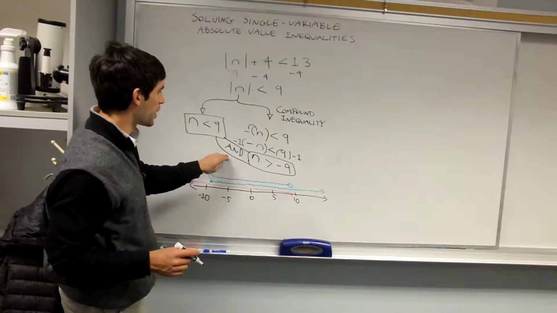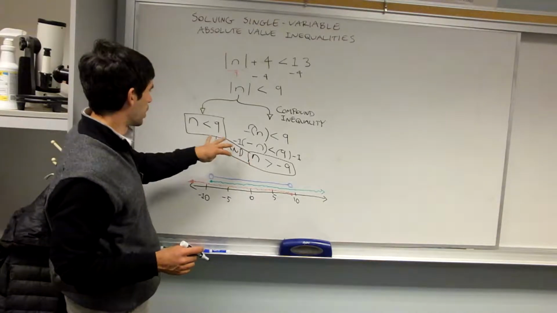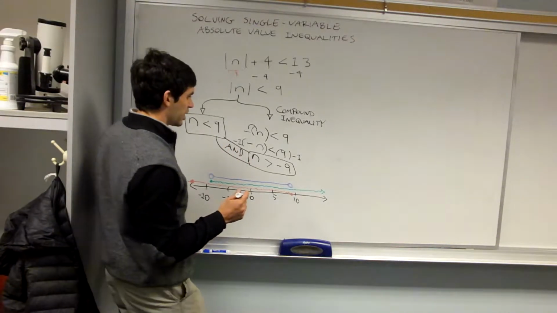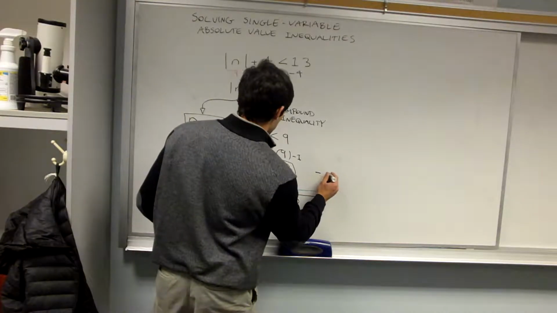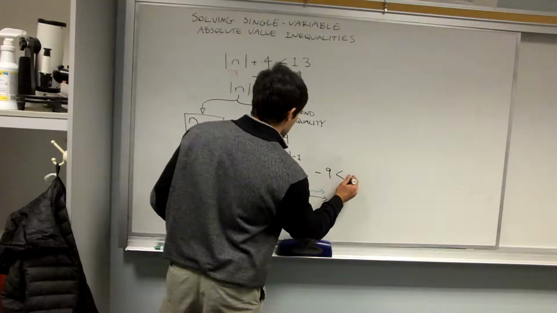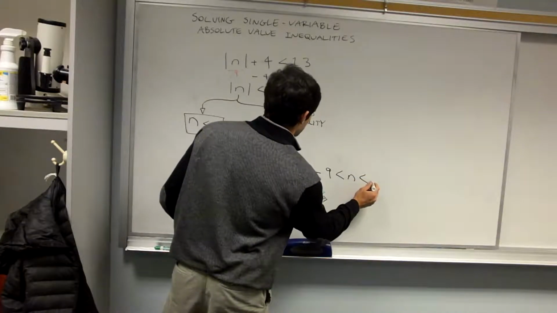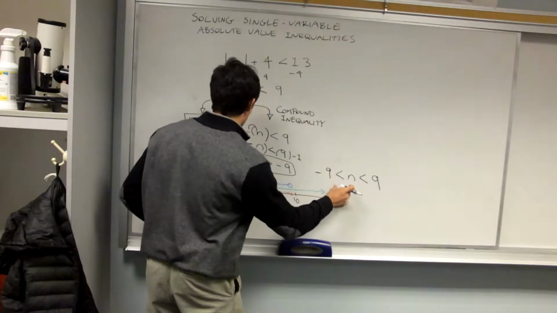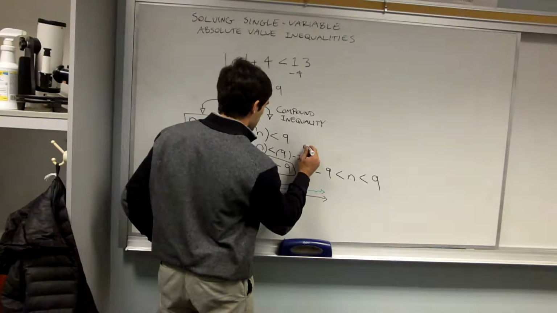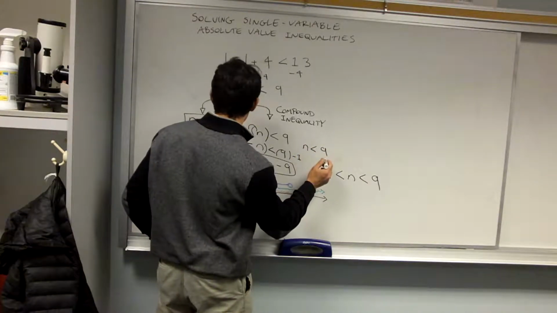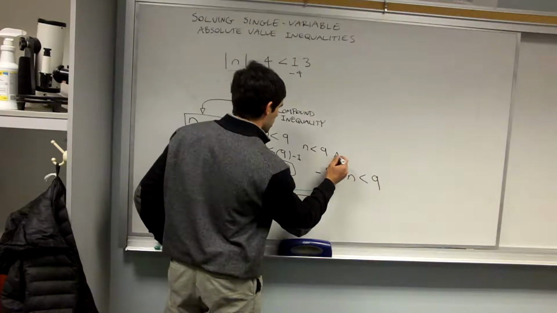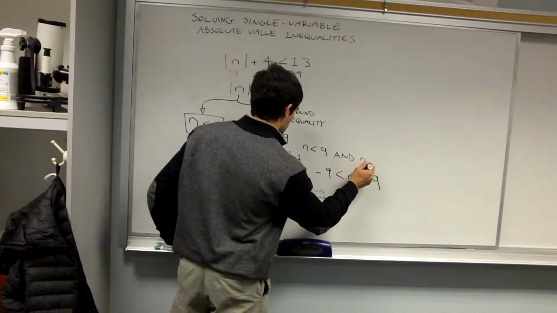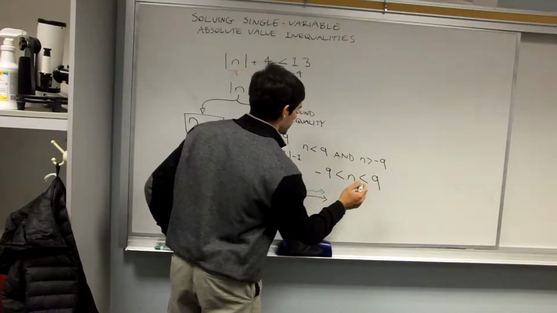Or we can combine these two inequalities and write it as negative 9 is less than n is less than 9. So again, we could either write it this way, or we could write n is less than 9 and n is greater than negative 9.